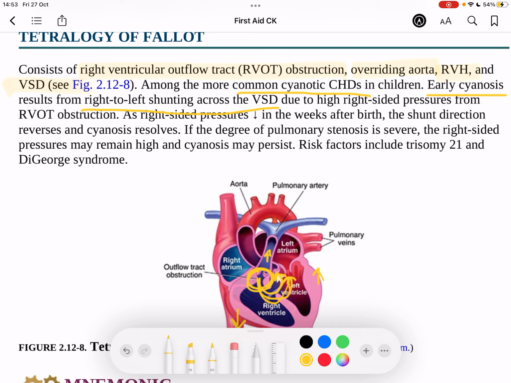This is just because as a neonate gets older, the pulmonary pressure starts to go down, and that can help the cyanosis. If the degree of pulmonary stenosis is severe, the right-sided pressures remain high and the cyanosis may persist. And we've already discussed some risk factors before, but trisomy 21 is a big one, and DiGeorge syndrome is a big one as well.